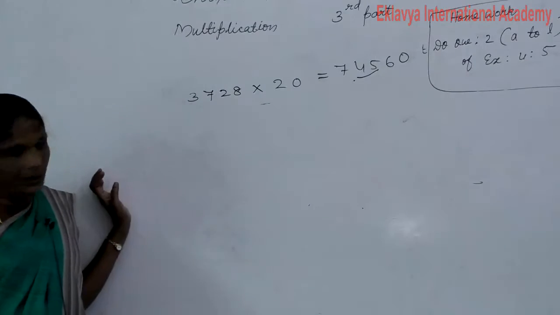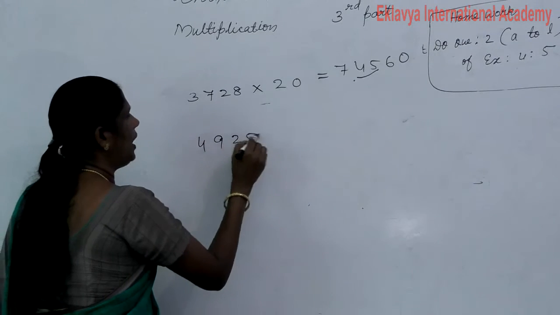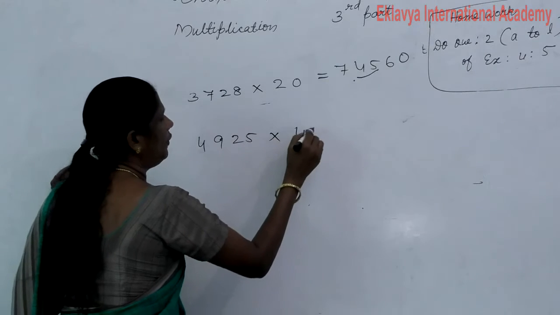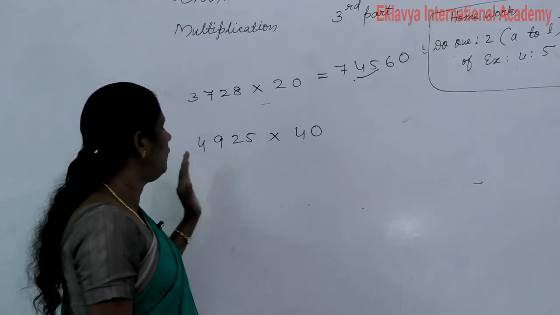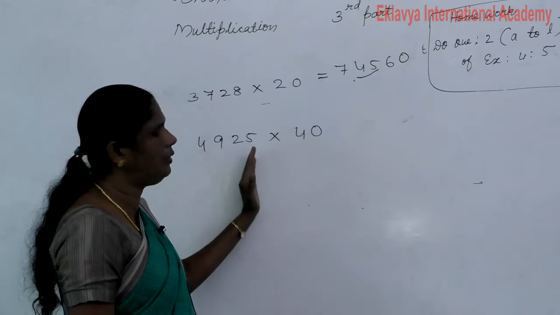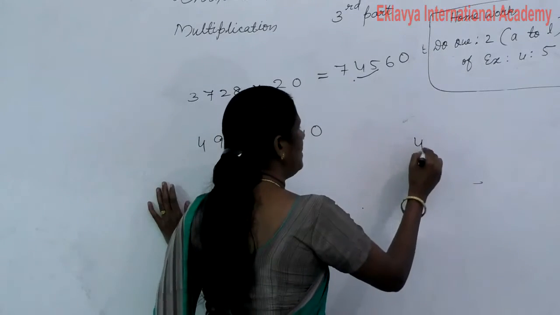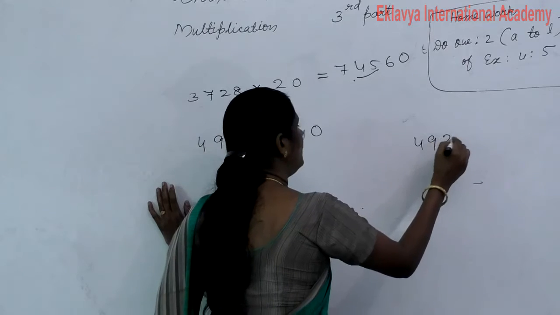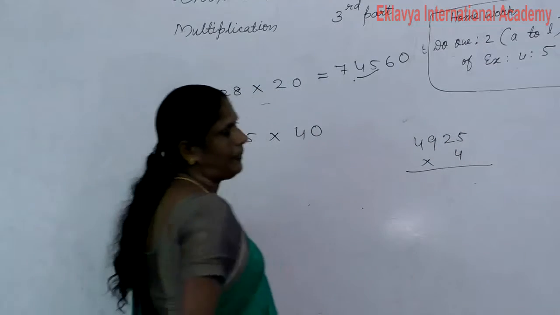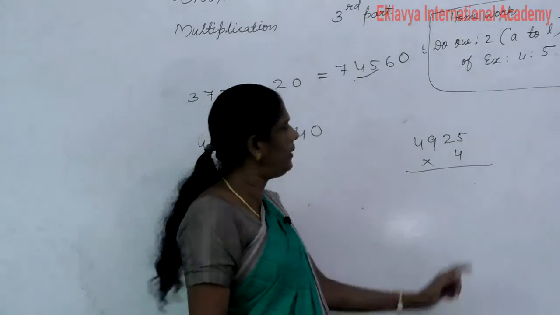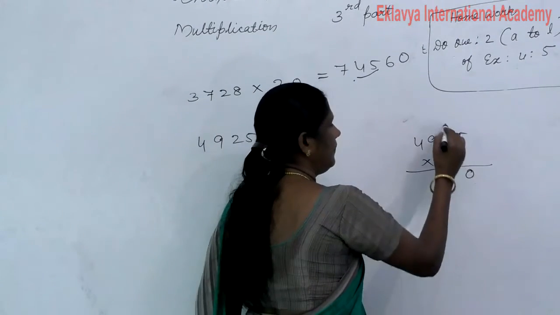Again one question. 4925 multiplied by 40. First you multiply 4925 multiplied by 4. On the side of the notebook multiply by 4. Okay. Then now you multiply 4 5 ja 20.